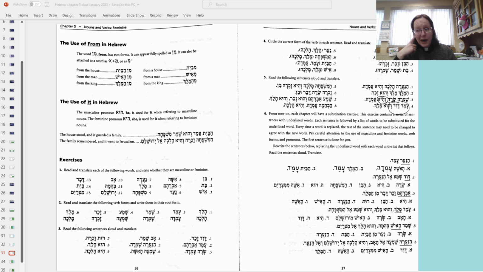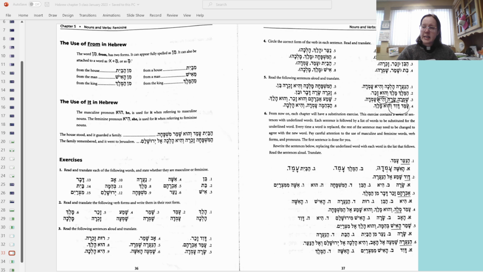Number 4 is shama, and we have shama'a, and that means to hear, and the root is shin, mem, ayin. Number 5, we have zakar, and underneath that we have zakra. That means to remember.